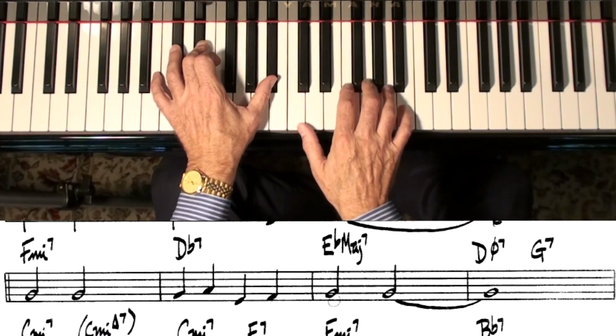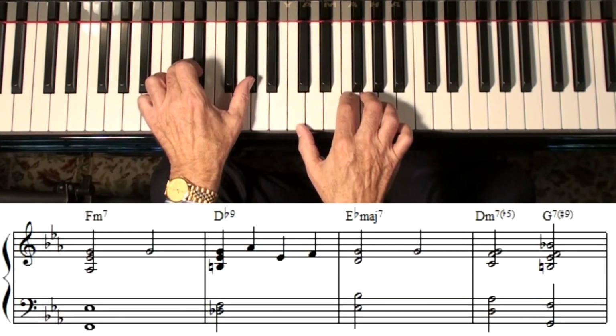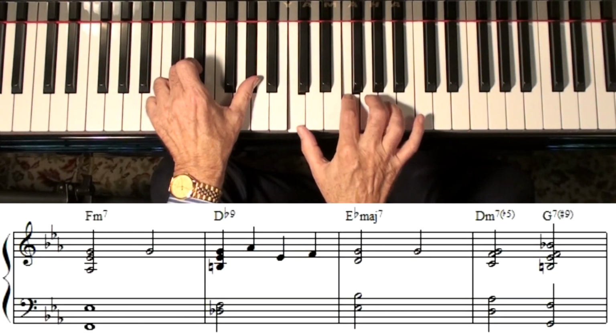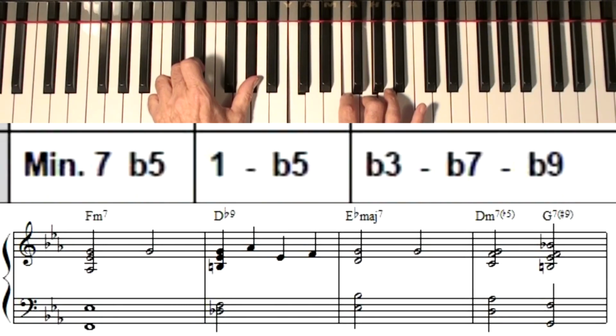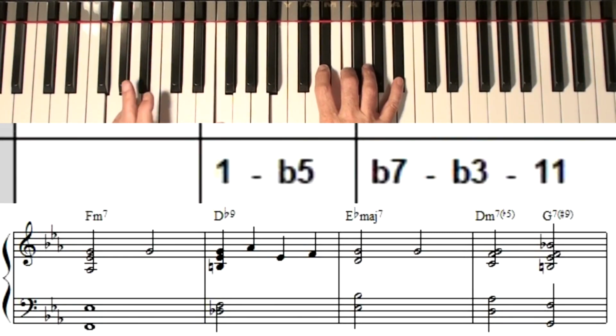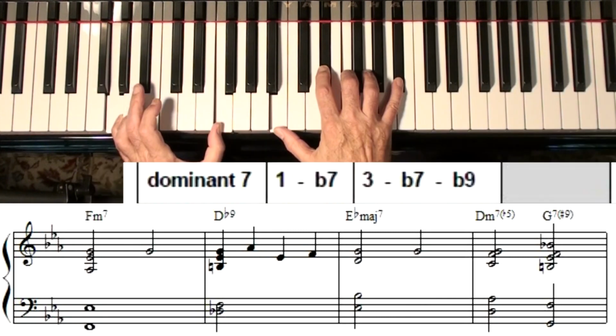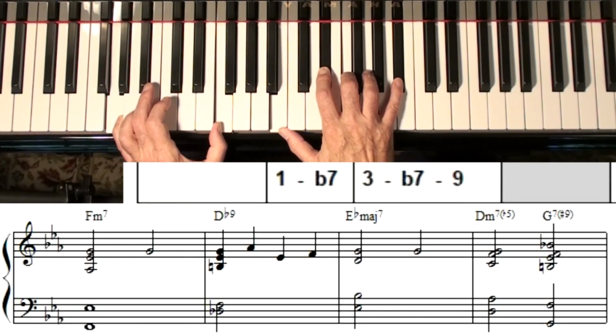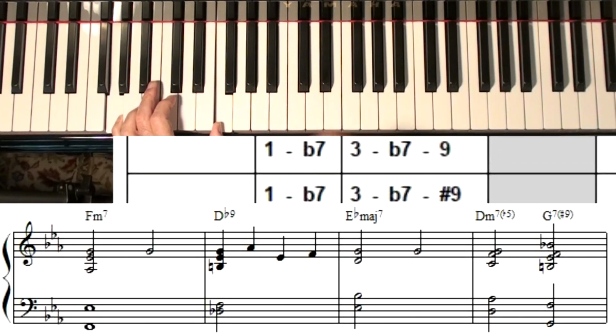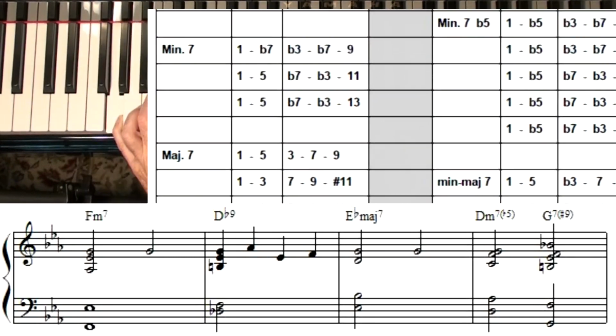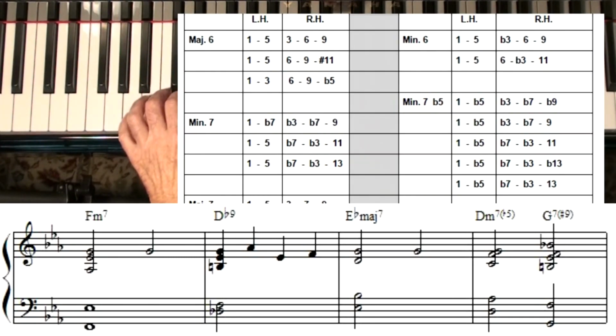I'm going to use some more exotic chords here. D minor 7 flat 5 with the 11 on top, and a G7 with a sharp 9 and a flat 13. And these kind of chords can be found in this other big list of chords which deal with the 9ths, the 11ths, and 13ths.